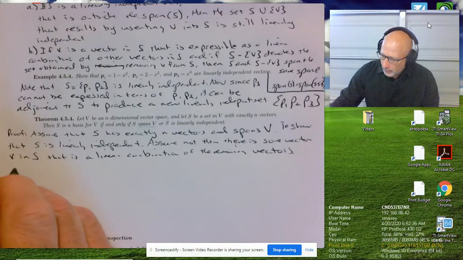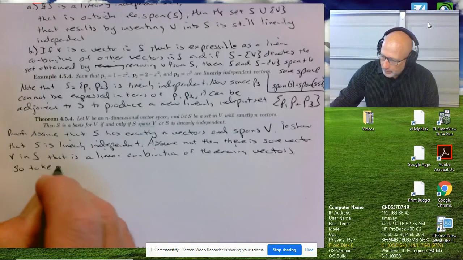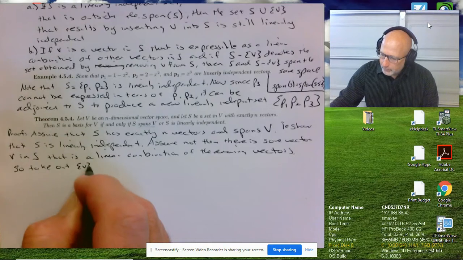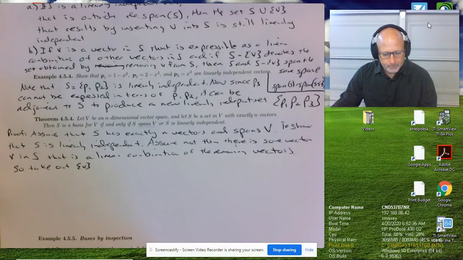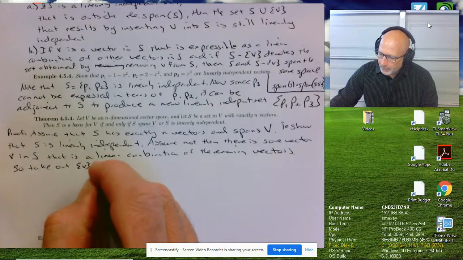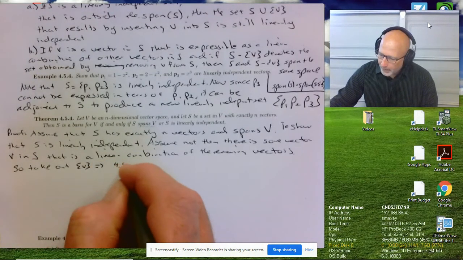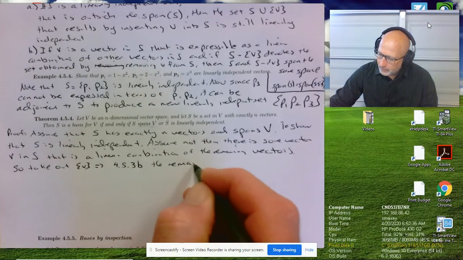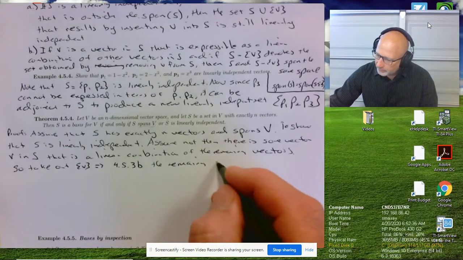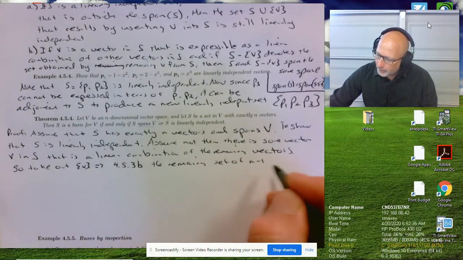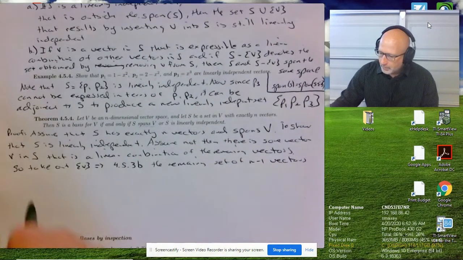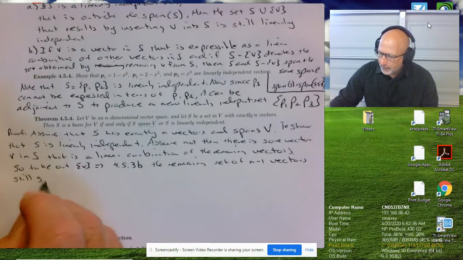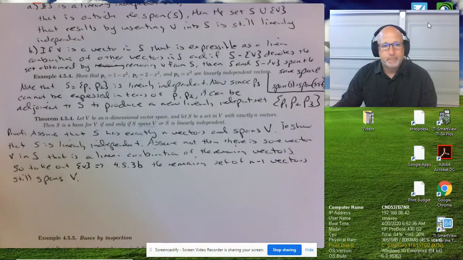So take out V. Therefore by 4.5.3b, the remaining set of n minus 1 vectors still spans V. But this is impossible.